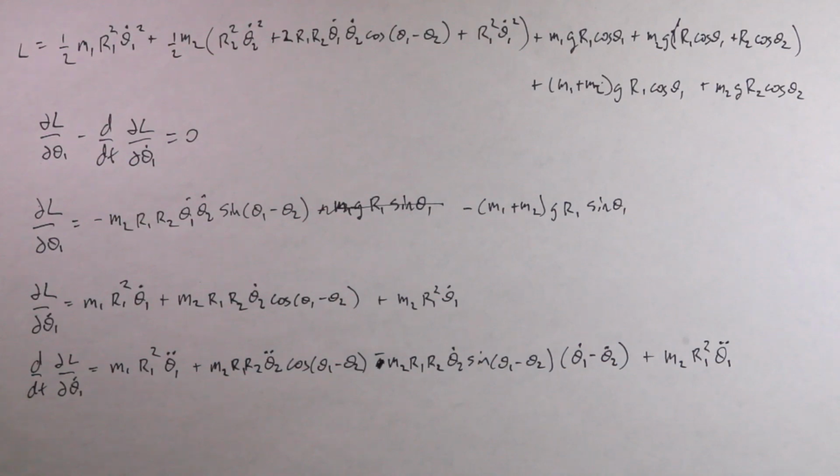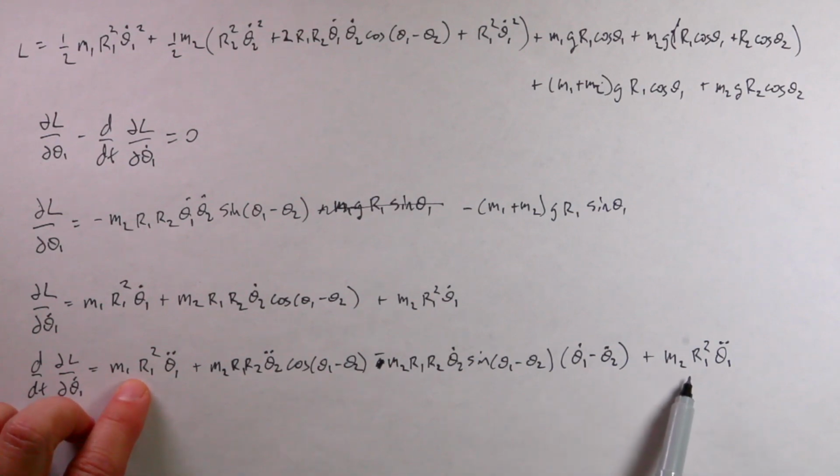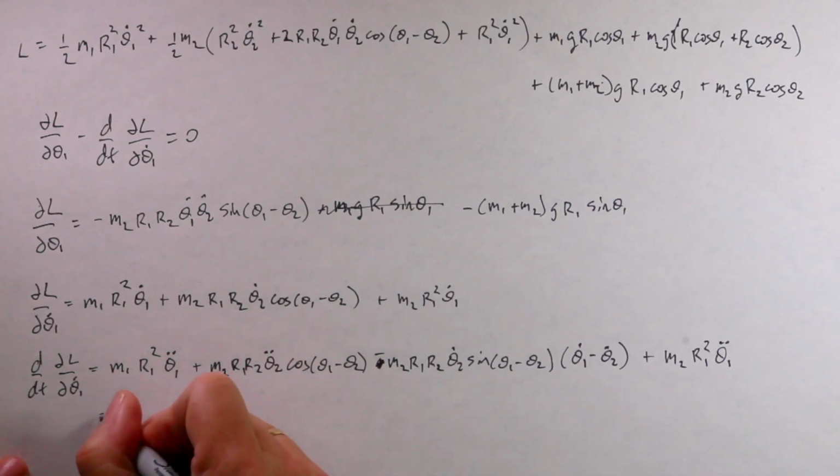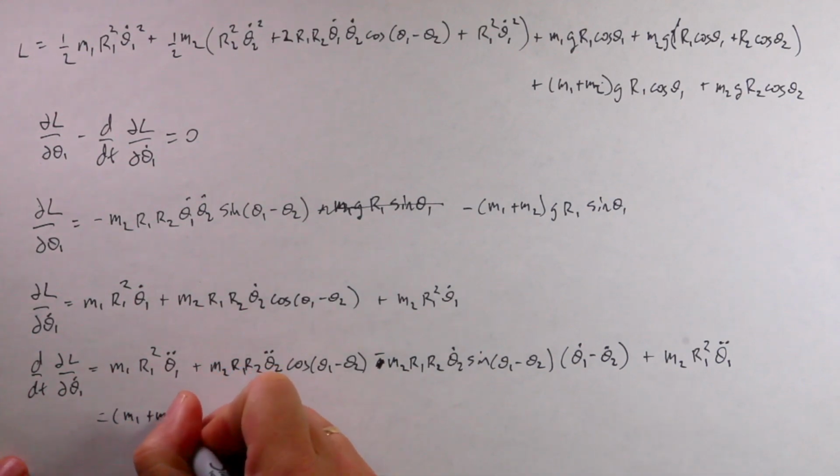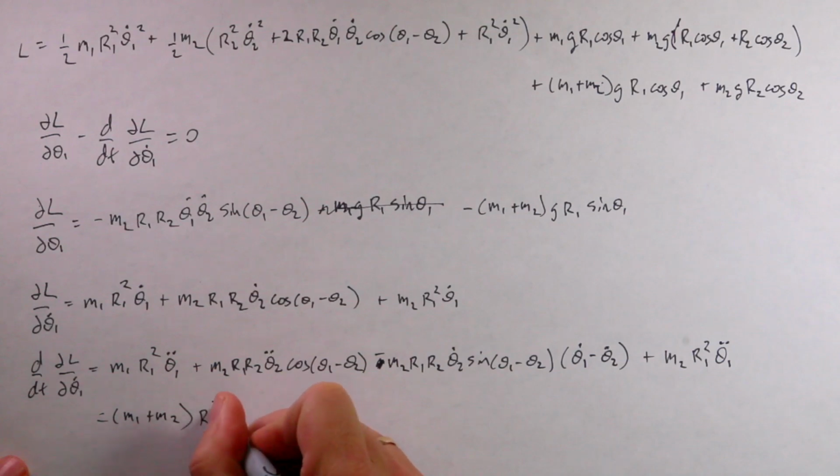Okay, so let me check my notes, make sure I'm not missing anything. I have an M1 plus, yeah, so I can combine these two terms here, right? So I have equals M1 plus M2 R1 squared theta 1 double dot.